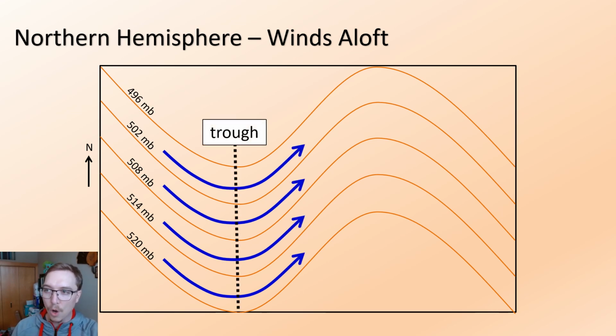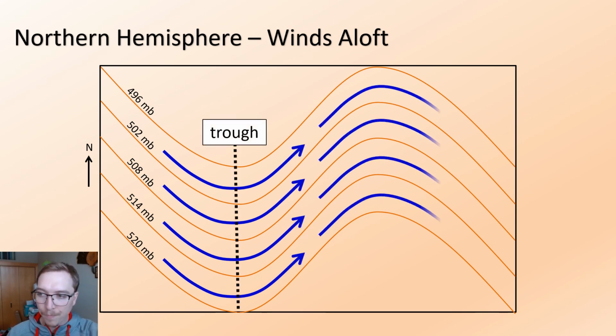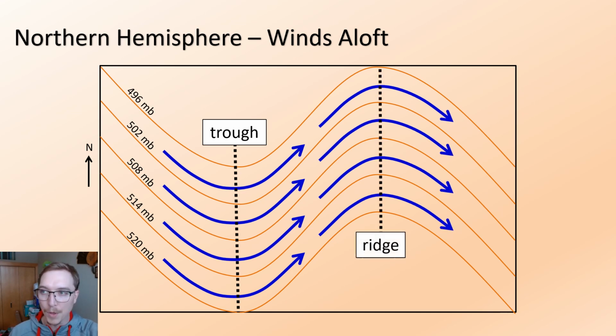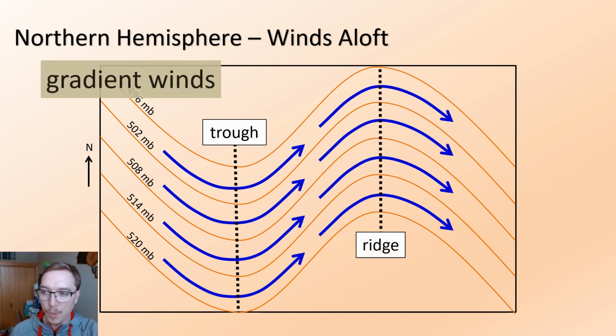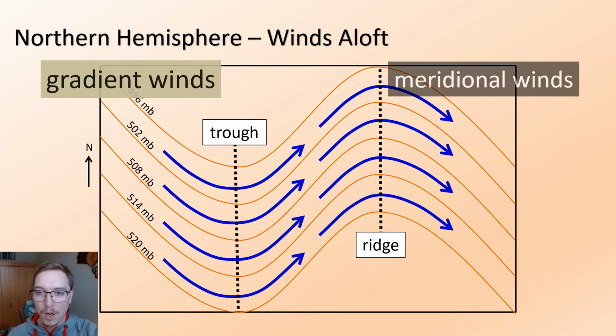So these are called gradient winds. See here in our high pressure system. Gradient winds result from the balance between the pressure gradient force, Coriolis force, and centrifugal forces in winds aloft. So these can lead to what we call meridional winds, which follow a predominantly north to south flow pattern.